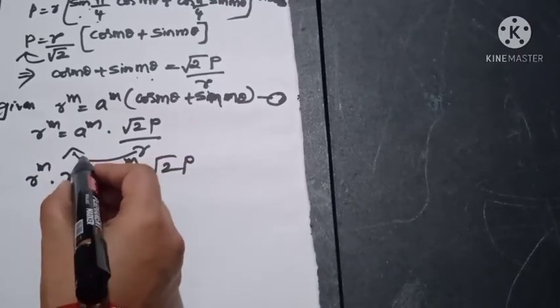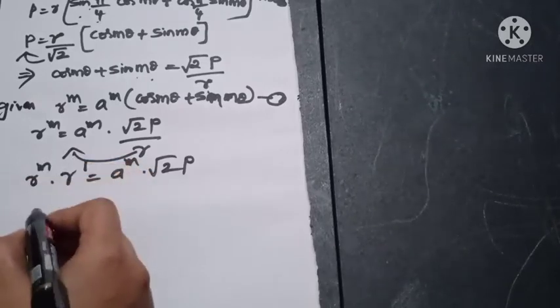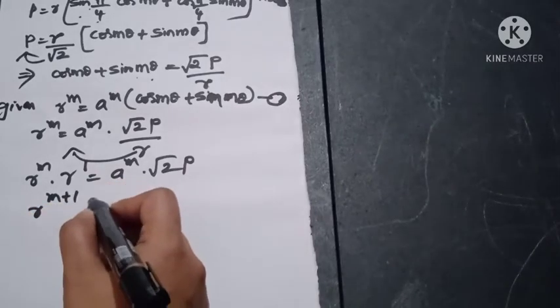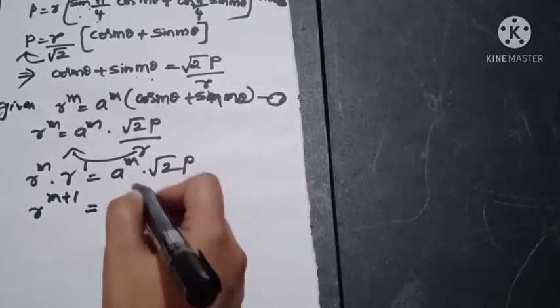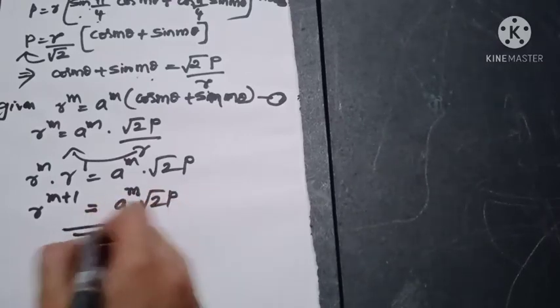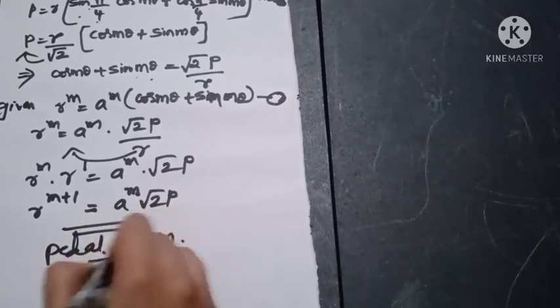The bases are the same, so we can add the powers: r to the power of m plus 1 is equal to a to the power of m into root 2 p. This is the pedal equation for the given curve.